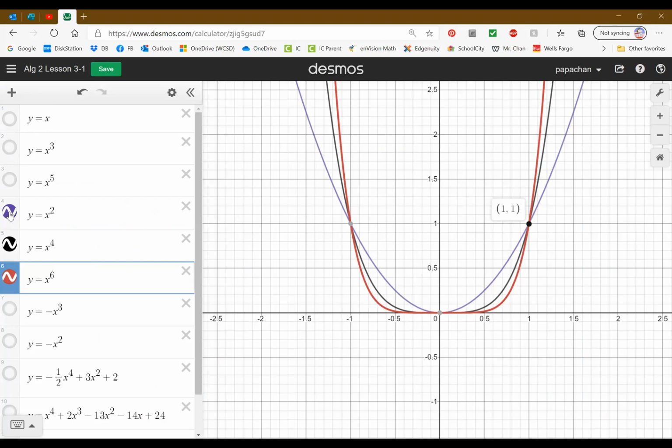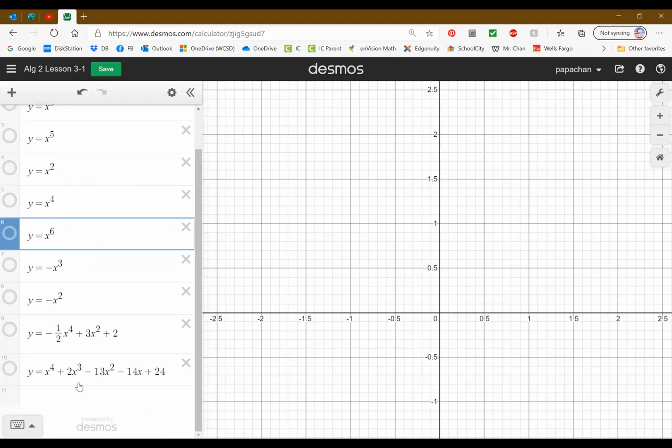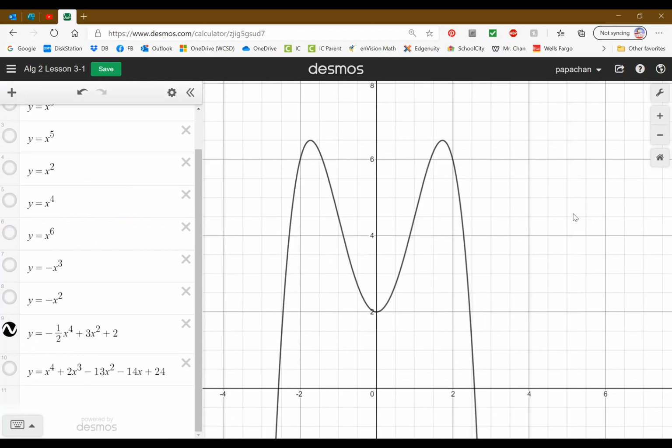Turn off those even functions from earlier. And turn on, look at that. Kind of fascinating. It's opening down because of the negative leading coefficient. It's going downward on the end behavior.